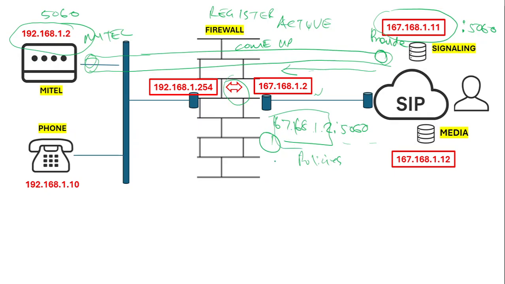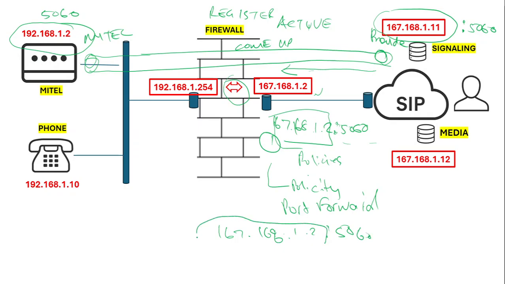So I have to also look into a policy, which is a port forwarding policy, which says if you see an incoming traffic for your IP address 167.168.1.2 but on port 5060, can you remove your IP address and replace it with the IP address of our Mitel controller, which is 192.168.1.2, and keep the port as 5060.